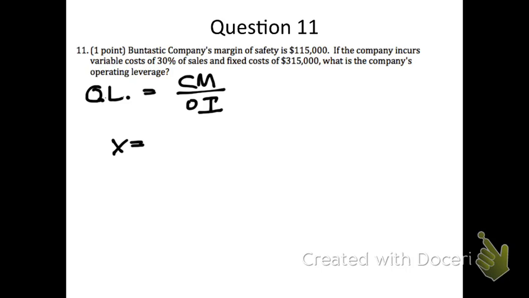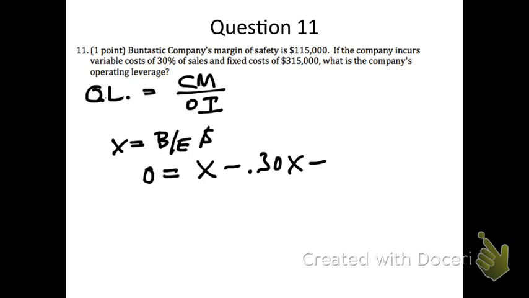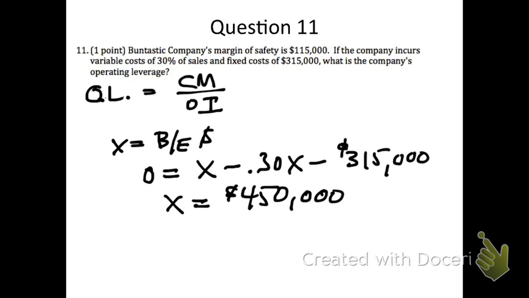If we let X be the break-even dollars, then in our operating income equation, we have 0 operating income at break-even: X, which is the sales revenue, minus the variable cost, which is 30% of X, minus their fixed costs of $315,000. So break-even sales is $450,000.